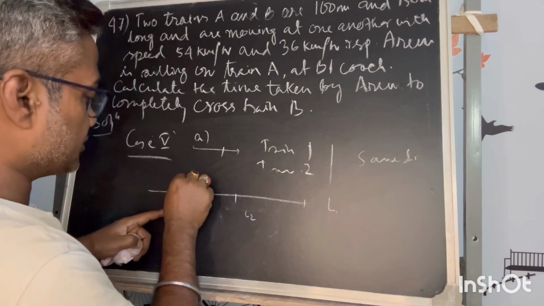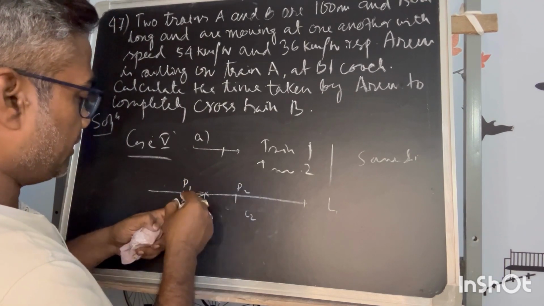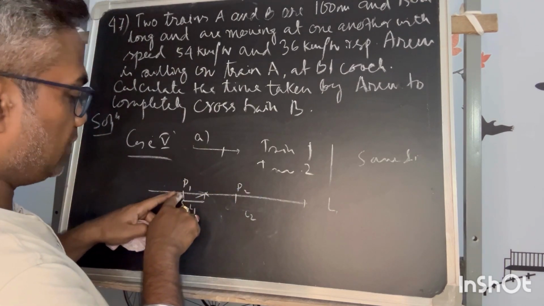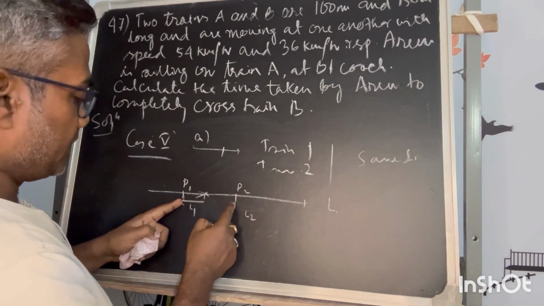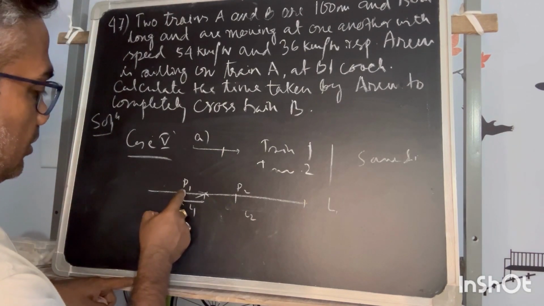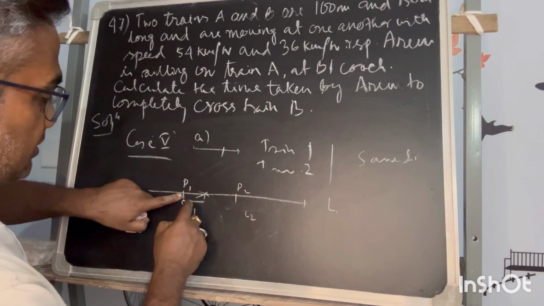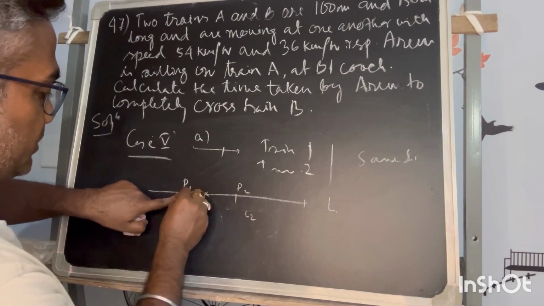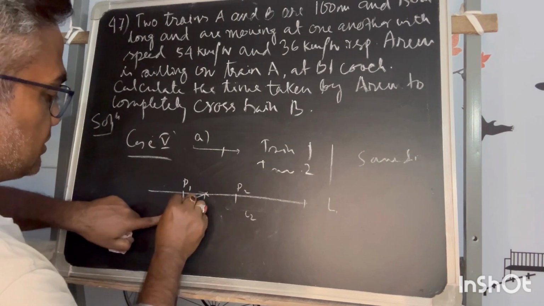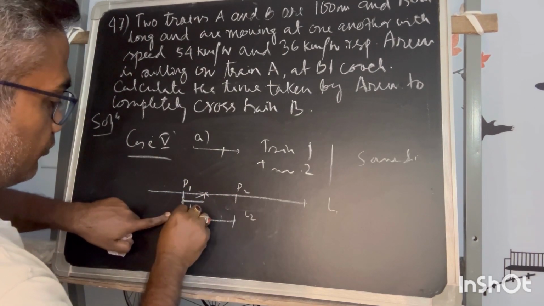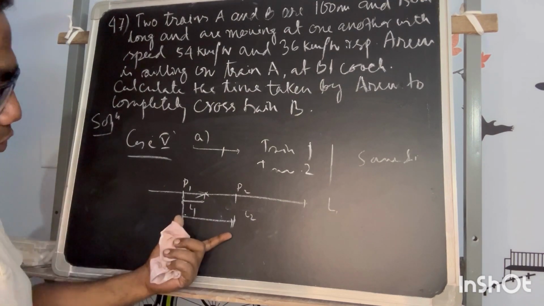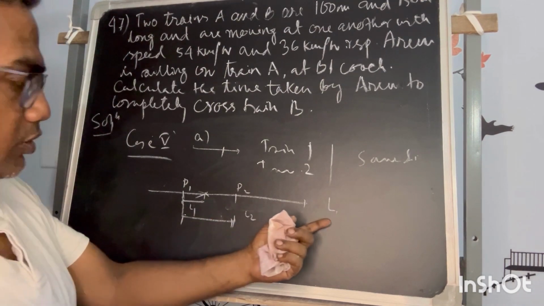This is the position of person 1, this is person 2, and when they cross, their backs will cross each other. This is the ultimate length they have to cross according to their positions.